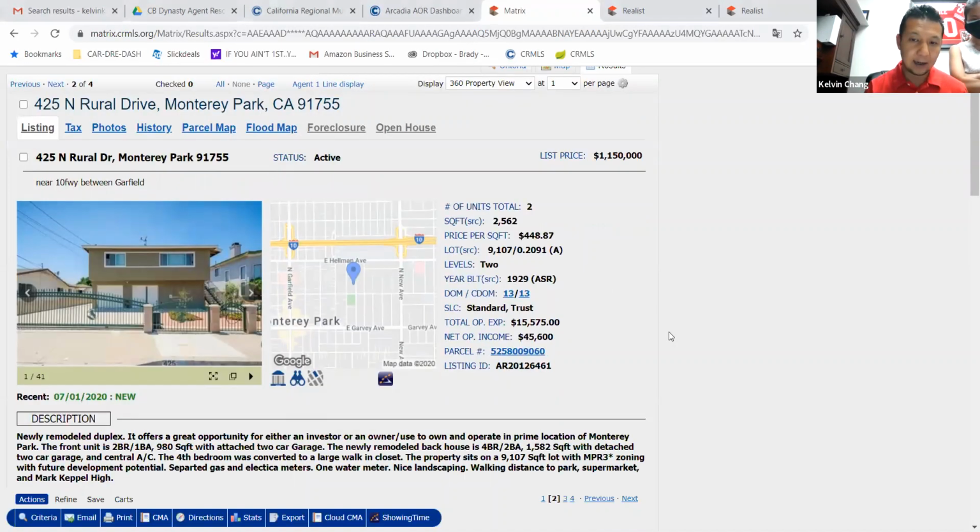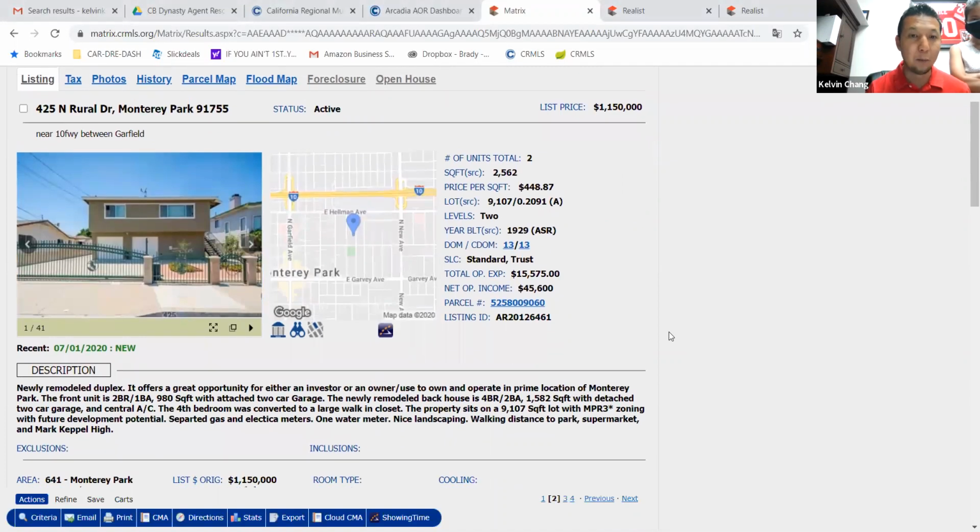I told the owner, and obviously the owner was hoping for $1 million, and I had to convince them to come down. 985 is definitely, I believe I've convinced the owner that it might get lower than 985, and they're willing to hear all offers, but they're putting an initial asking at 985.